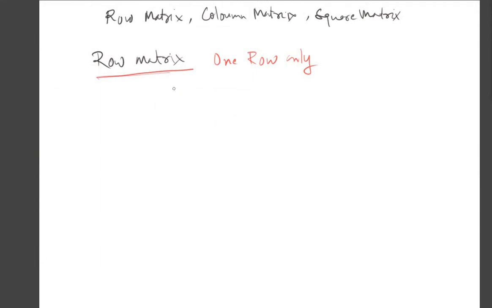So I can draw one for you. For example, if I say A equals 1, 3, 7, can you give me the order of this matrix, please? 1 cross 3. Awesome. So how many rows do we have? Just one row. So any matrix that has just one row is called a row matrix.